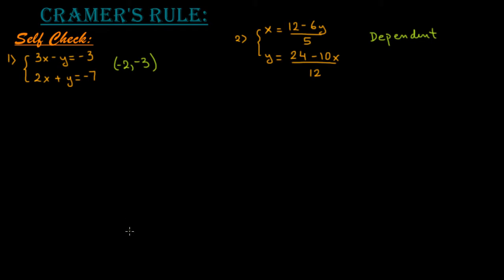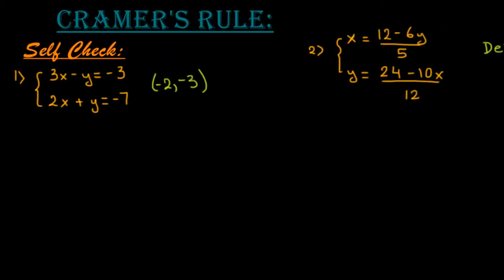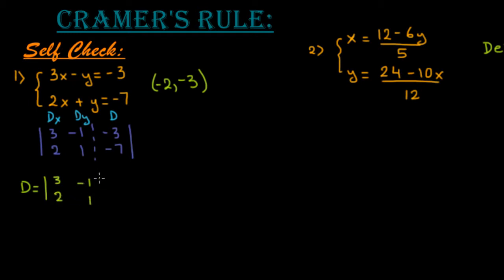Now let's go over each of them and see why you might not get the answer. Let's go over problem 1 together. First step, bring down all the coefficients. So we have 3, 2, -1, 1, -3, -7. The first column comes from x, then y, and then d. For the determinant D, we drop column D, and whatever is left is my answer: 3, 2, -1, 1.